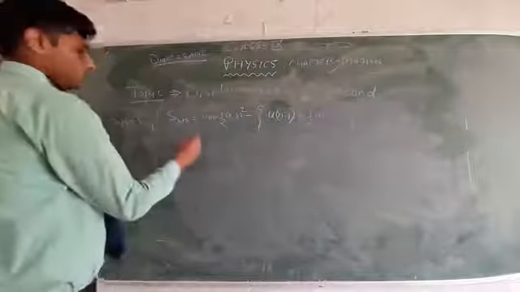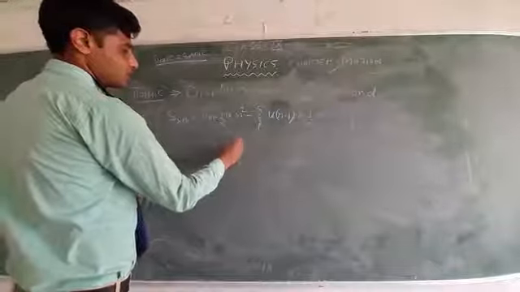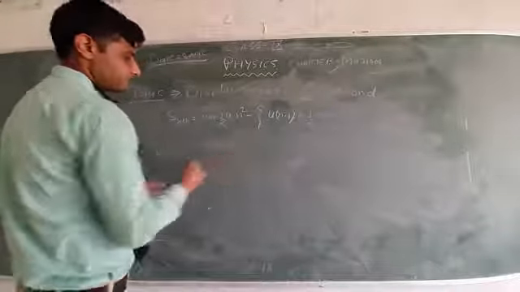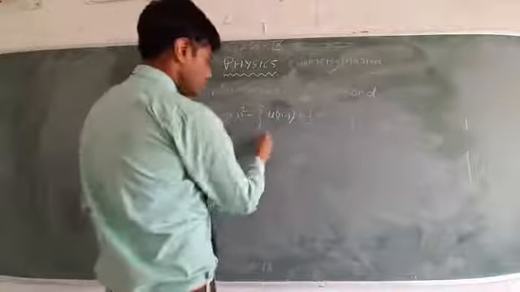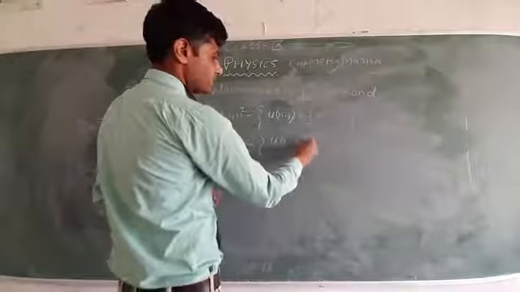So u n plus 1 upon 2 a n square minus u (n minus 1).